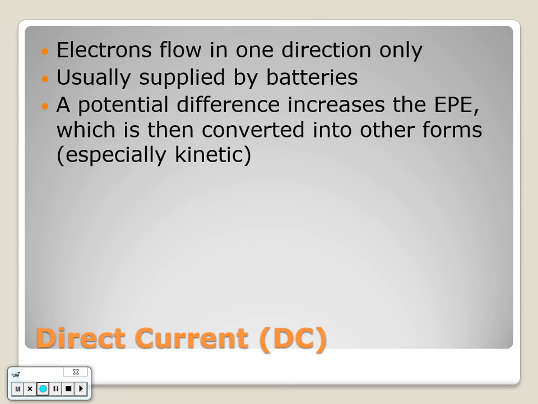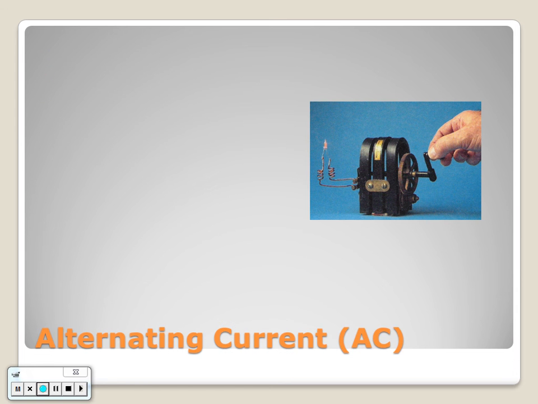A potential difference or a voltage source increases the electrical potential energy, which is then converted into other forms of energy, usually kinetic. That's a summary of how we get current: we need something to increase the potential energy so it can turn into kinetic energy, and that's the movement part. The other form of current that we talk about is AC, alternating current.